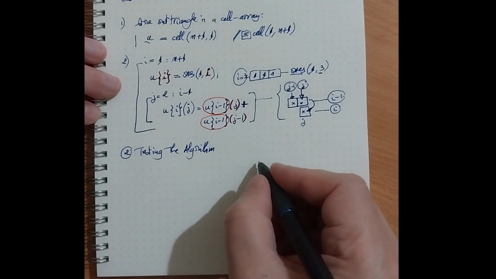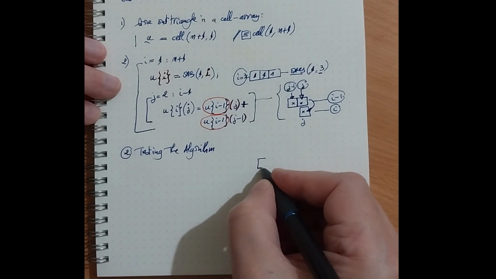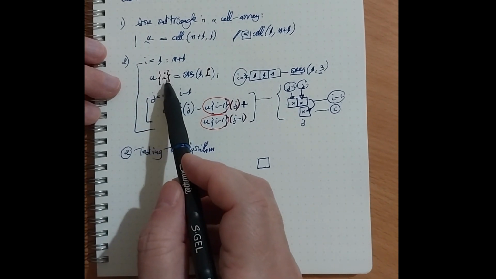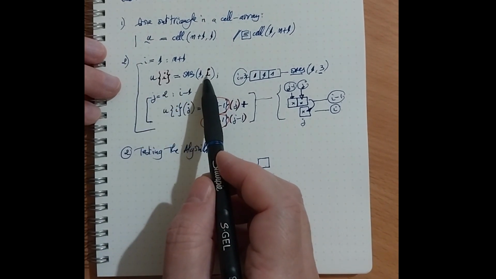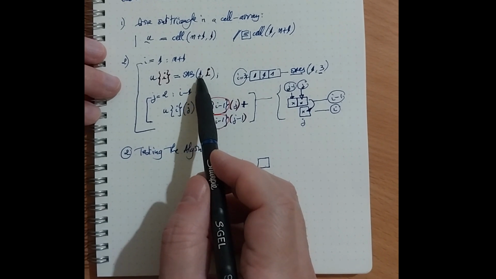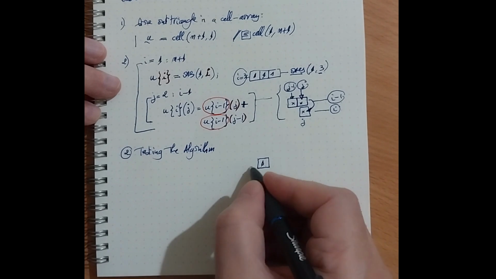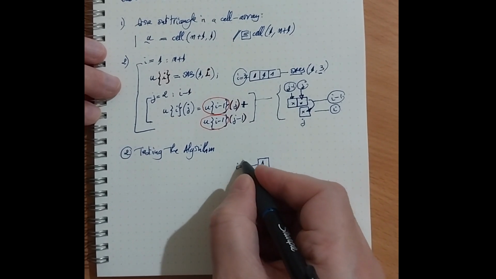For I equal 1, we generate a vector of one element containing 1, because we use the function ones. So this is for I equal 1.